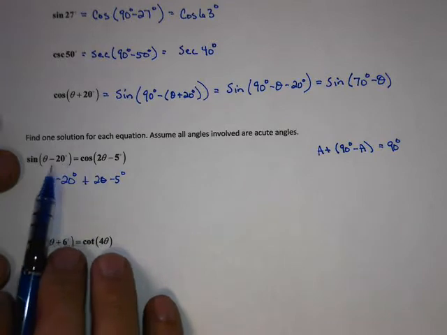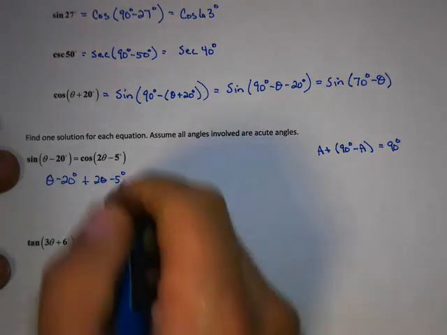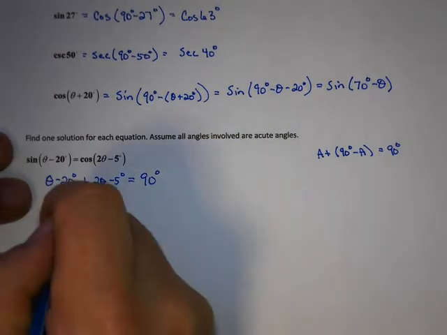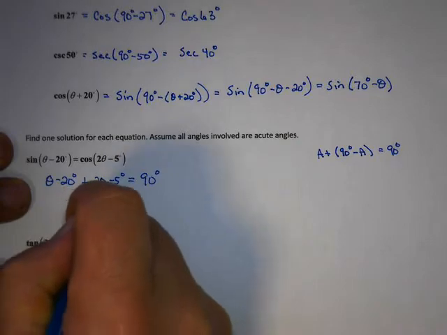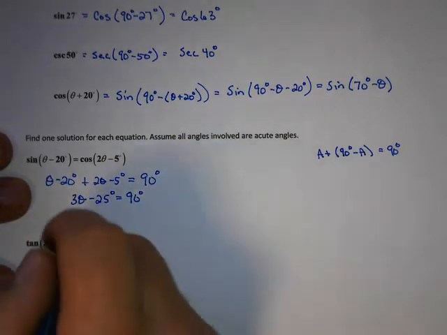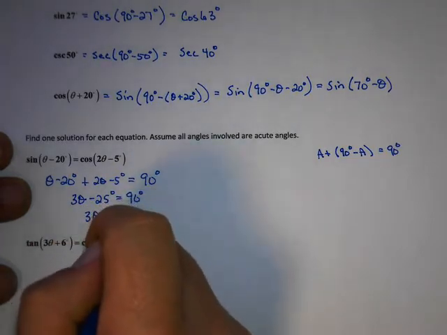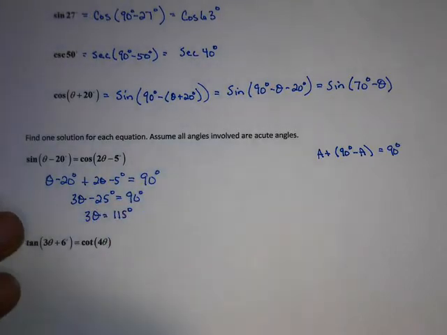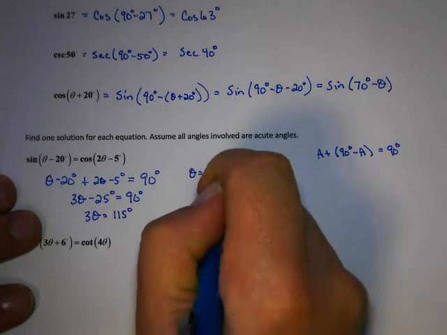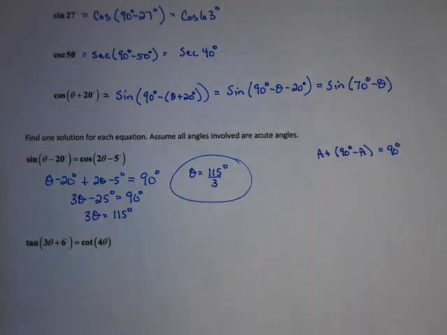But these are cofunctions, so we know that these are complementary angles, and that's going to equal 90 degrees, and now we just have to solve. 3 theta minus 25 degrees equals 90 degrees. 3 theta equals 115 degrees. Add 25 to both sides. Theta equals 115 degrees over 3. That's what our theta is.